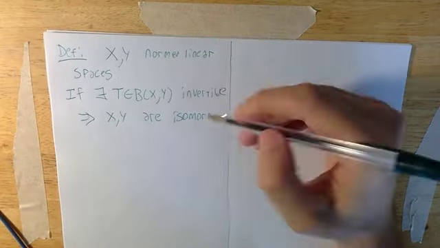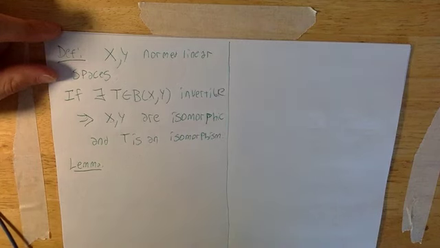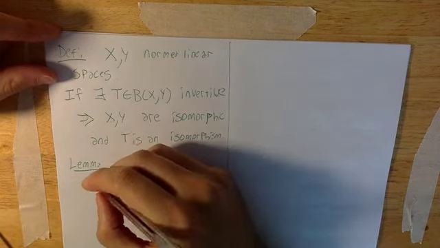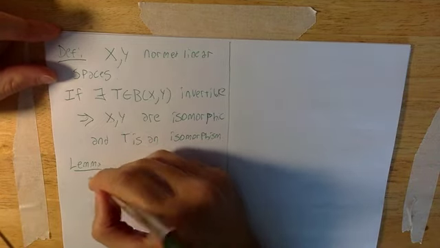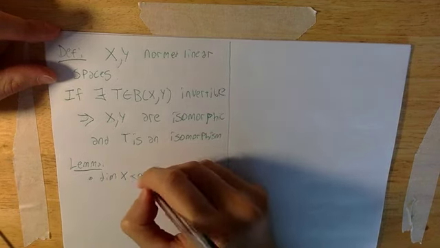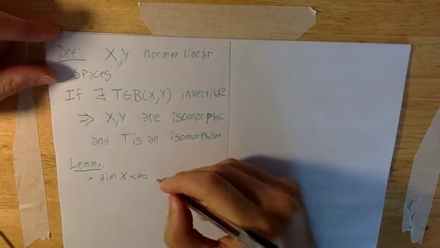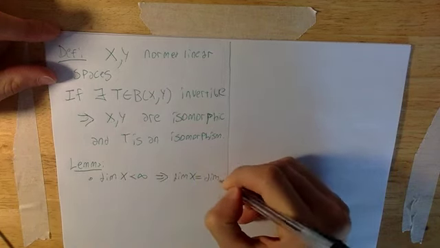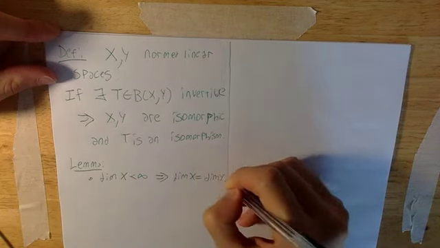This is the notion of equivalence in terms of topological linear spaces. One of the properties would be if the dimension of X is finite, then the dimension of X is equal to the dimension of Y. This is something you should have seen from linear algebra.